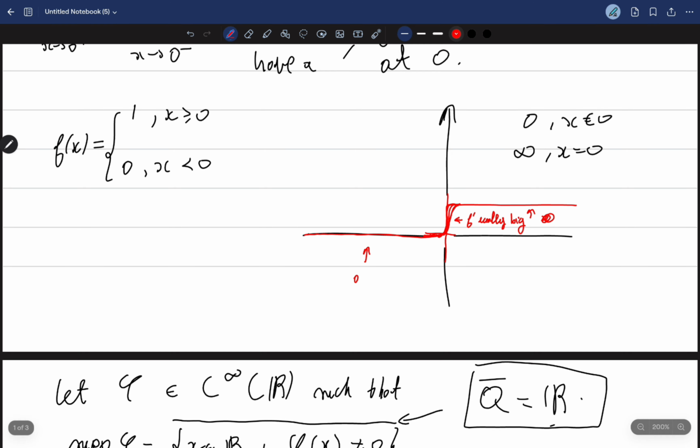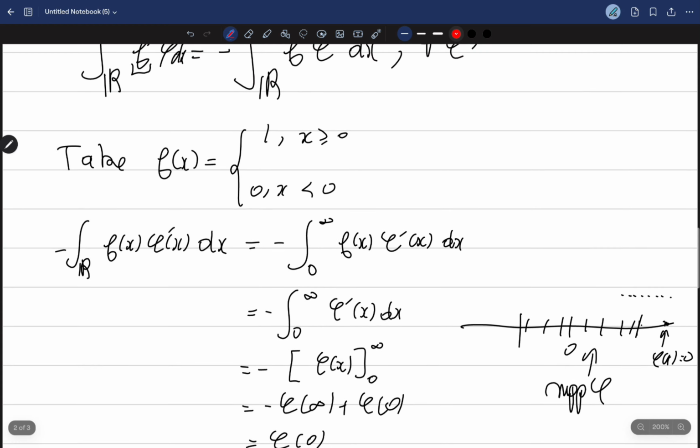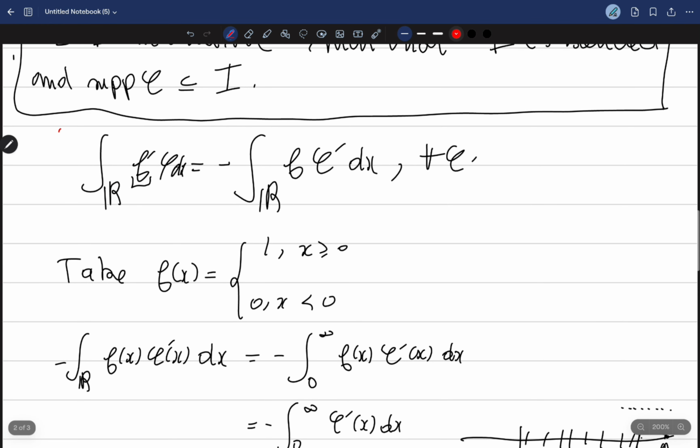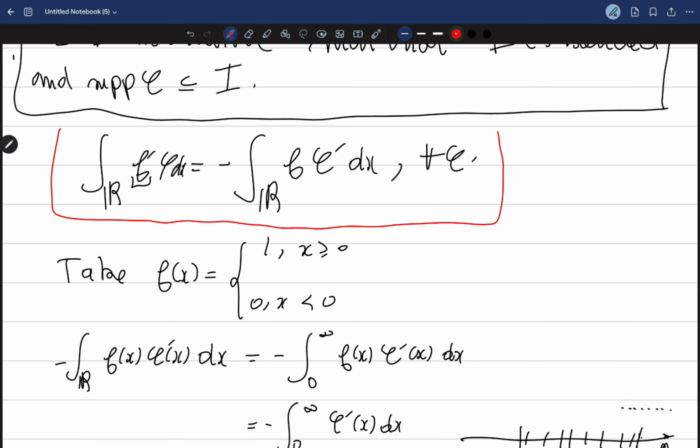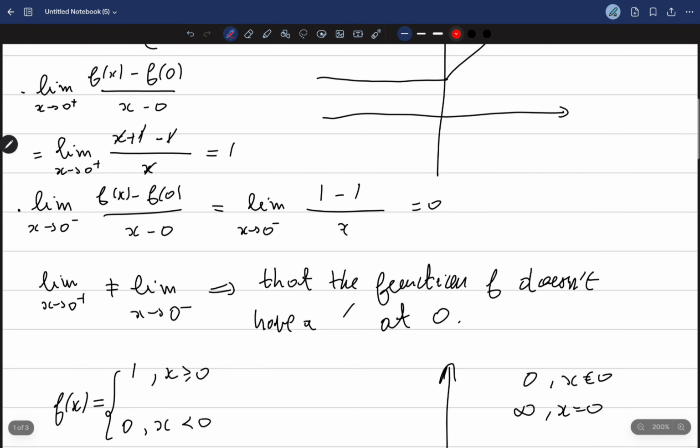So that's the explanation. And that's how we generalize the derivative for any function that could be continuous or discontinuous. It should only be measurable and integrable.